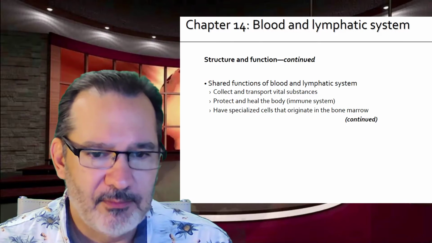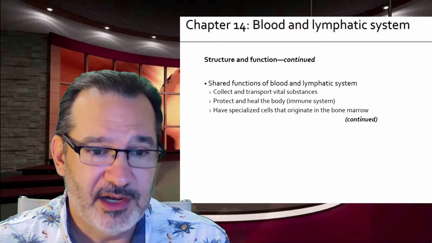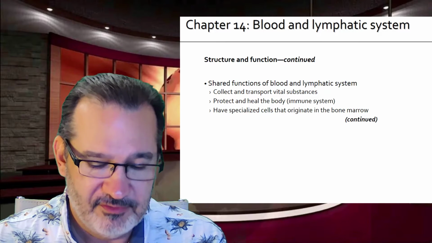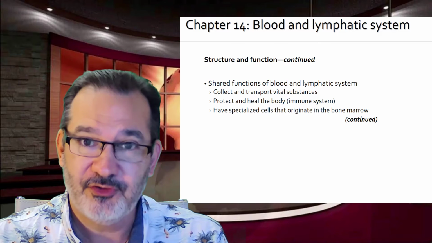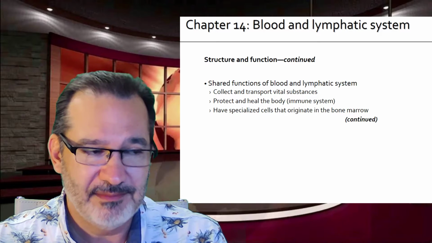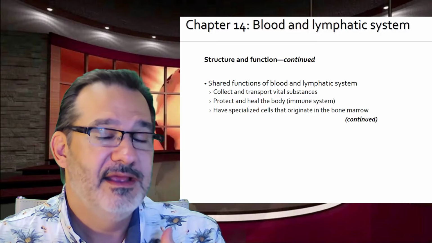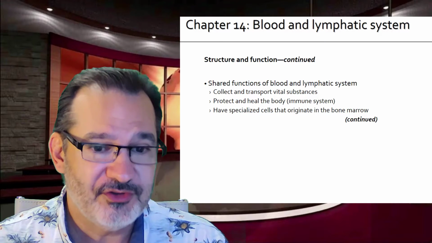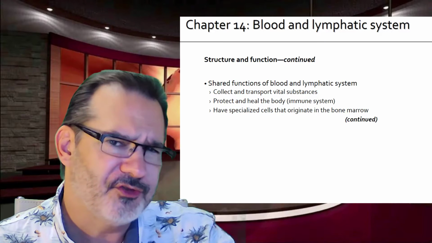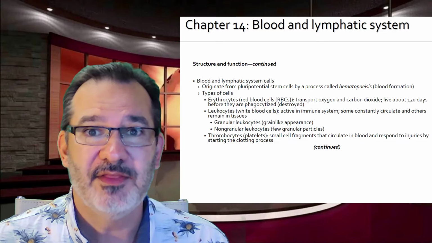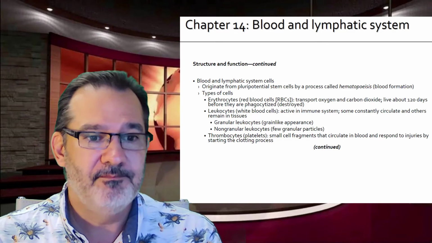Some of the shared functions of blood and the lymphatic system are to collect and transport certain substances, minerals and such, to protect and heal the body by strengthening the immune system, and then there are some specialized cells that originate in the bone marrow.